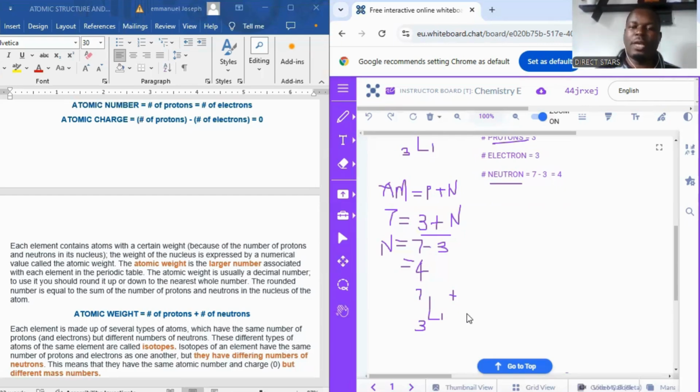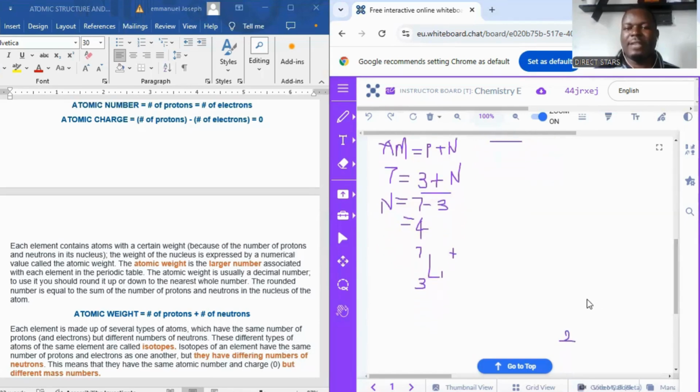For charged particles like this, you need to be very careful, because it relates to the charge of protons. Protons are positively charged. Electrons are the negative ones. Your neutron, on the other hand, has no charge.